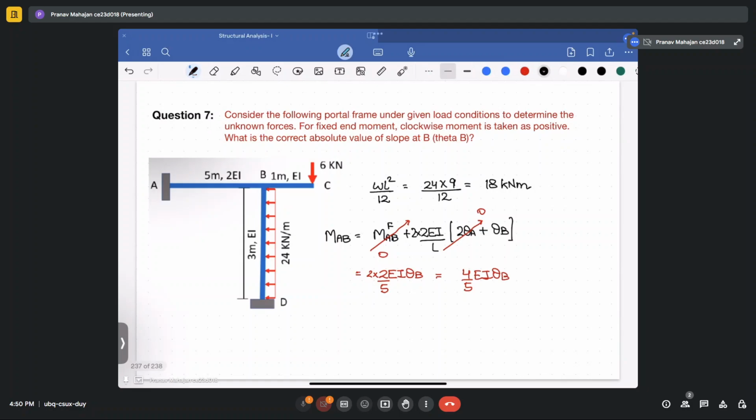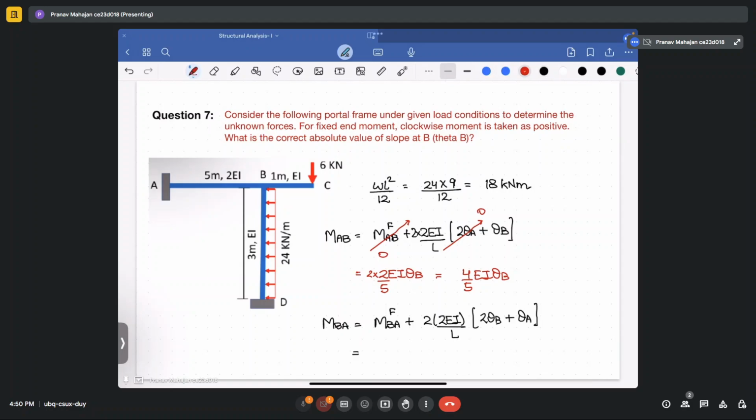Similarly, calculate for MBA also. So your MBA will be equal to MBAF plus 2 into 2EI upon L, twice of theta B plus theta A. In this case, the reason I have added the additional 2 is because you have been given EI as 2EI.